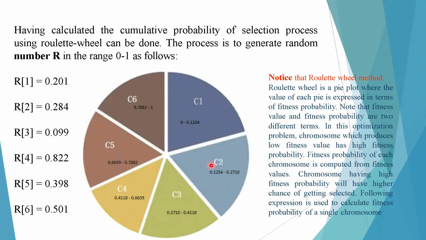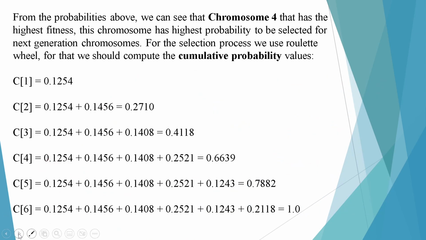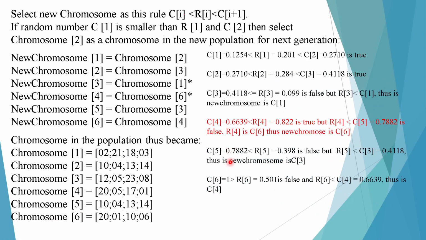Looking at this roulette wheel, R5, 0.398, is greater than C1 and greater than C2, but less than C3. That's why the new chromosome number 5 is chromosome number 3.